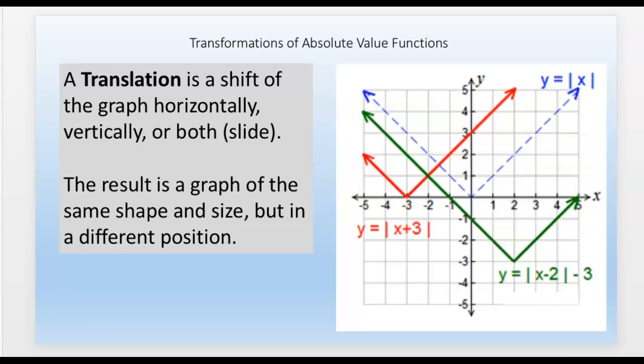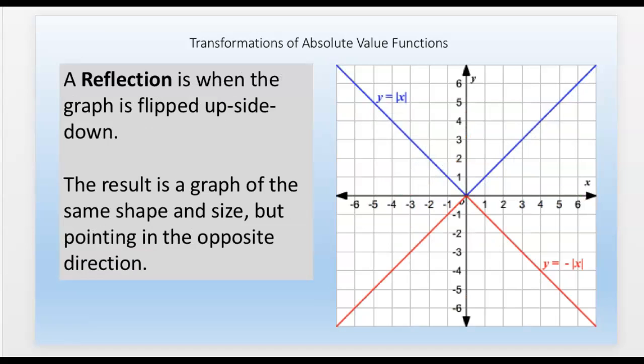A translation is a shift of the graph, horizontally, vertically, or both. It slides it around. The result is a graph of the same shape and size, just in a different position. It moves the vertex to a different place.